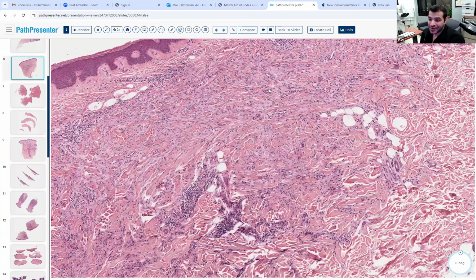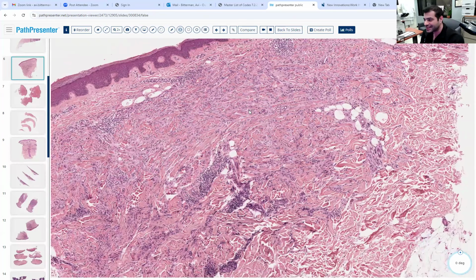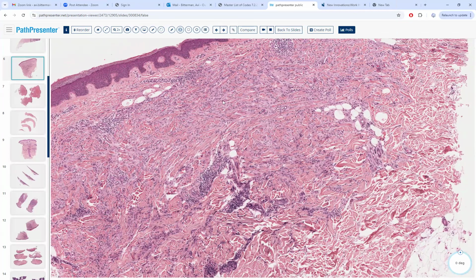So you can have granulomatous dermatitis or a granulomatous infiltrate, and that does not have to be palisaded. You can also have a granuloma, and that doesn't have to have that palisaded appearance, although it would be a more discrete nodule. Right.